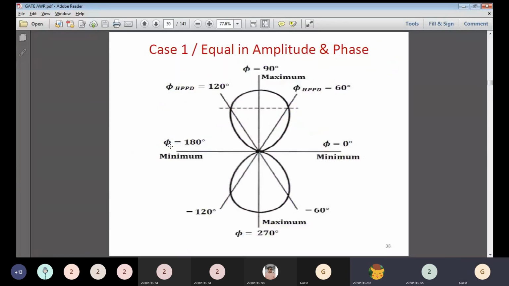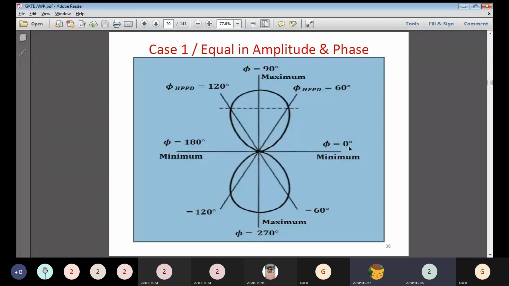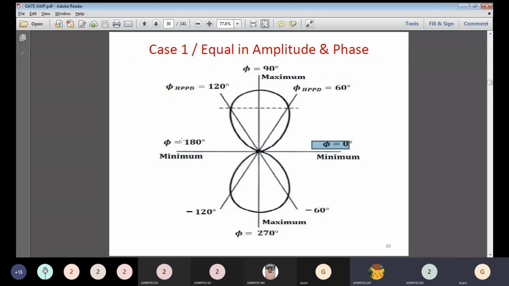The maximum occurs at 90 and 270, and the minimum at 0 and 180. In between, the half power points are at 60 and 120.